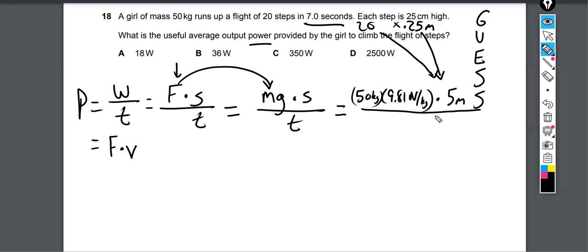And then divided by 7 seconds. So 50 times 9.81 gives you the weight. The weight times the displacement gives you the work, and the work divided by the time is the power. And I think when you crunch all those numbers together, you get 350.